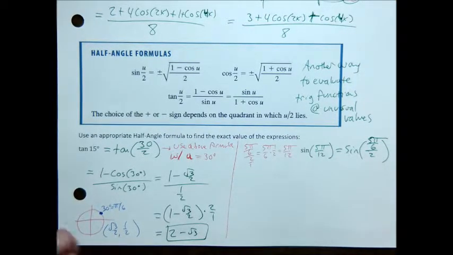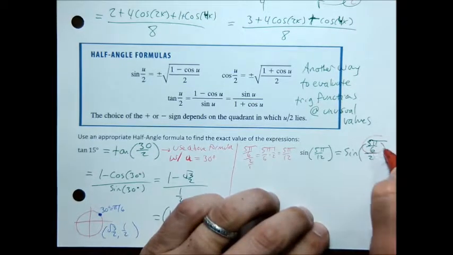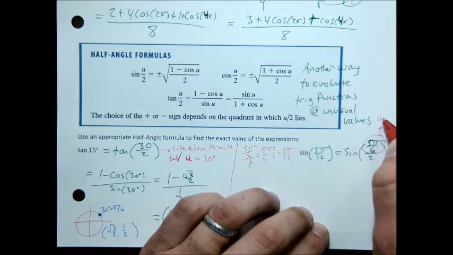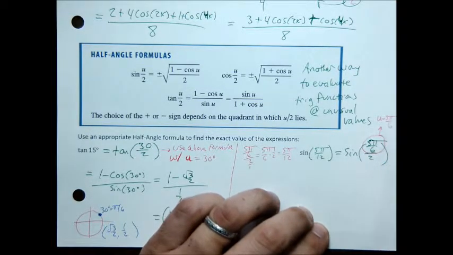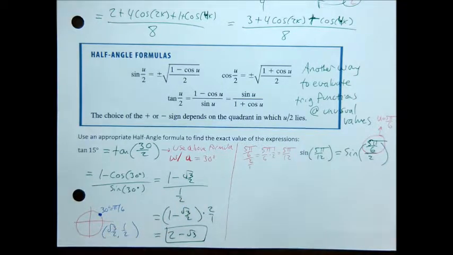So we would use the above formula, but u is 5 pi over 6. Thoughts? Sorry, it's just the numerator and the denominator just don't mix real well because the numerator itself has its own numerator and denominator.